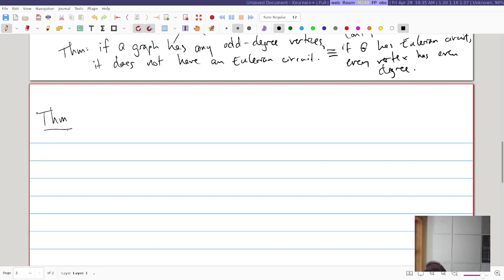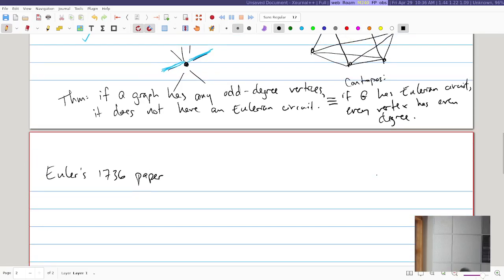I told you that Euler wrote this paper in 1736. So in Euler's 1736 paper, he defined all this stuff about graphs in general, and he only proved this direction of the theorem.